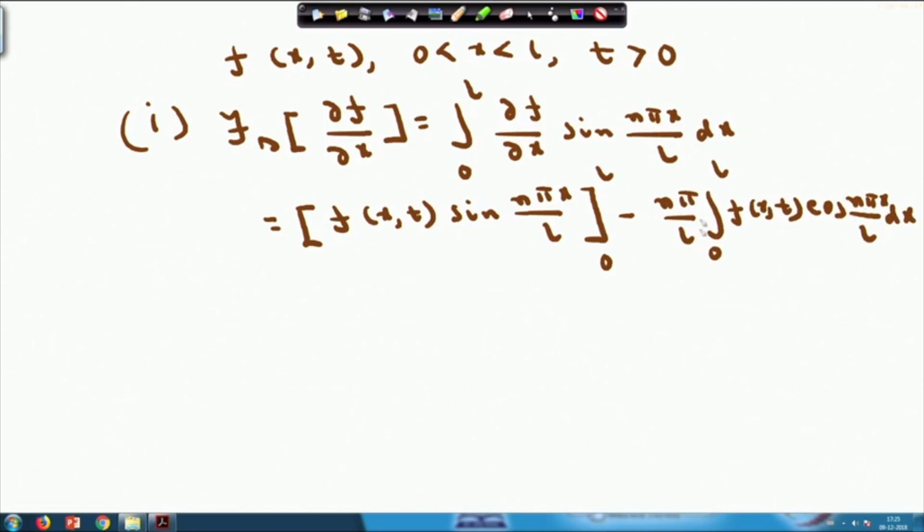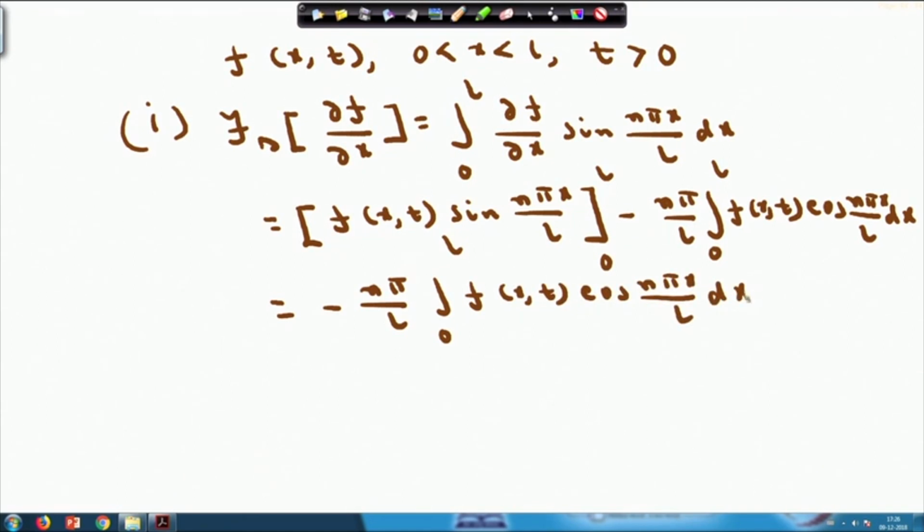After integration, I am getting this derivative n pi by L. Now, this first part will vanish, both at 0 and at L. So, this part will not be there, and this will be equal to minus n pi by L times the integral from 0 to L of f of x t into cos of n pi x by L into dx.